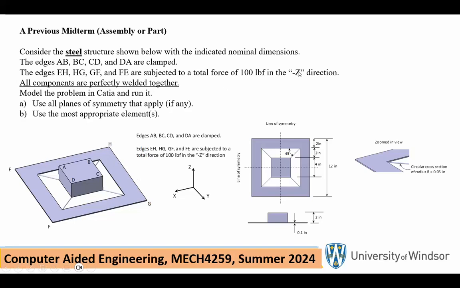Okay, that being the case, the 45-degree section, this little piece here, is the smallest finite element model that you can take if you are modeling this all with solid elements.